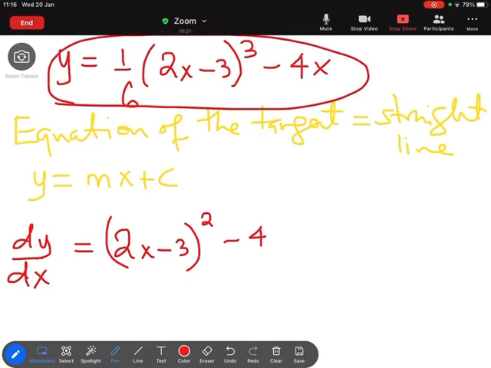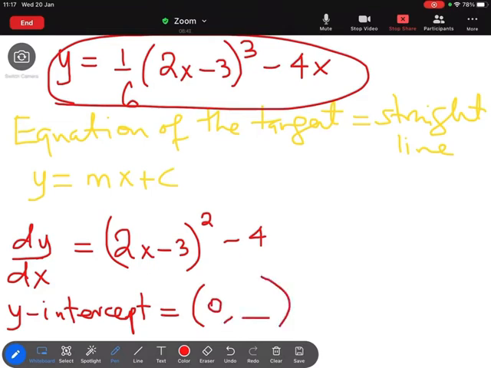So if we are trying to find the y-intercept, it is a point where the curve meets the y-axis. We do know that the value of x is 0. So we are trying to now find the y value. So we shall take our original curve and substitute x with 0.